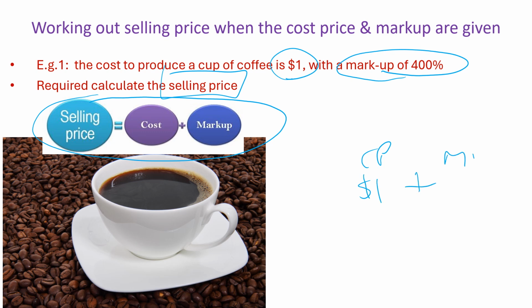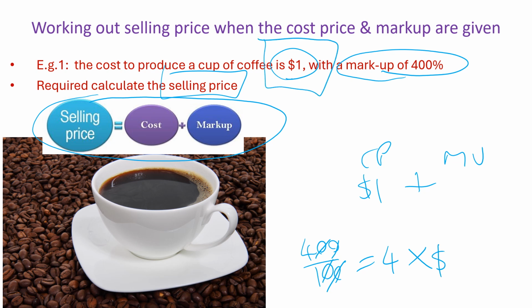We've got to add our markup. Our markup is 400%. A percentage is a fraction of 100. So we've got 400 over 100. We can cancel that down, and that equals 4 times. 4 times what? 4 times this cost price. 4 times $1 is $4. So therefore, we add these two together, and we get a selling price of $5.